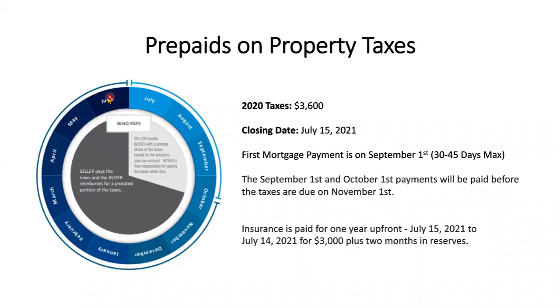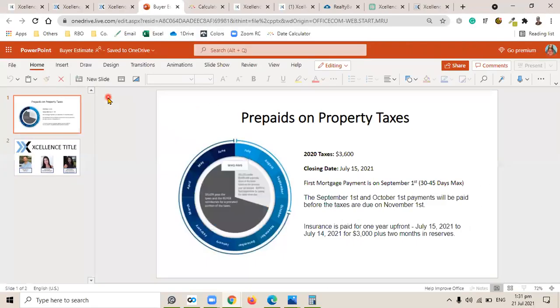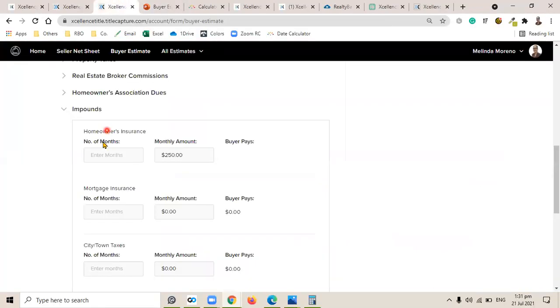So that's going to be 10 months, which the buyers paid for homeowners insurance, which means the buyers are going to be short by 2 months. And that's the number that we will put under home insurance under impounds for prepaids for the home insurance. So let's go ahead and type in 2 for 2 months. And that's how you calculate the number of months for homeowners insurance prepaids.